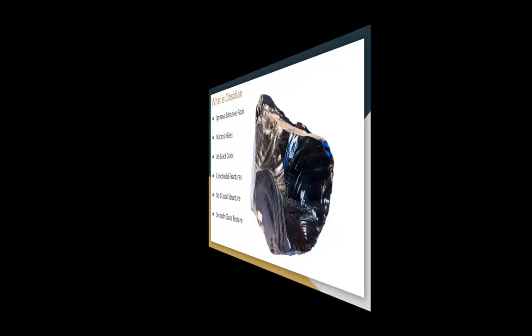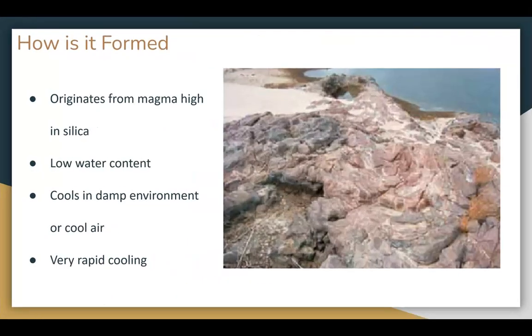It is formed from magma that is high in silica, or silicon dioxide, SiO2. It has low water content, which helps it cool down really quickly and form that glass look to it. And it's also the reason why it has no crystal structure to it.